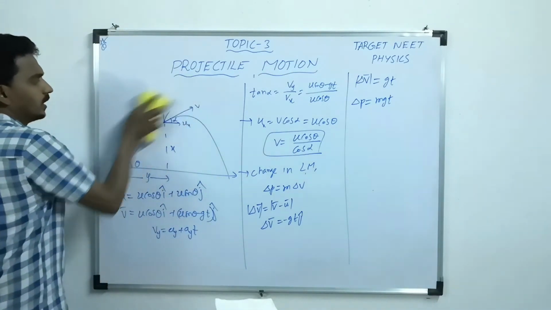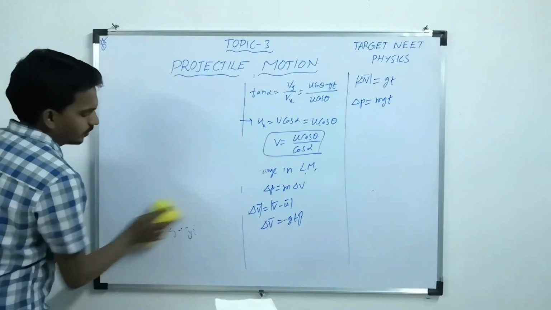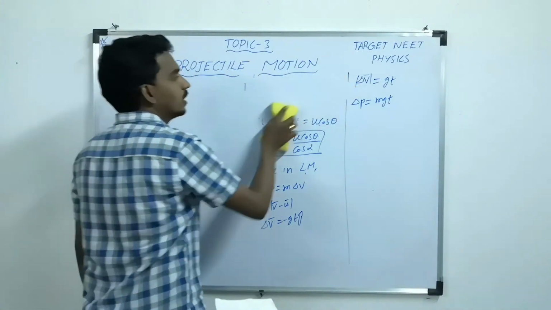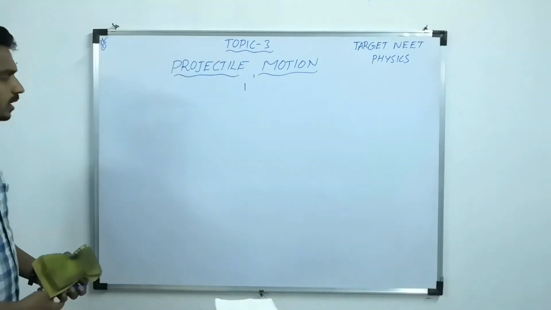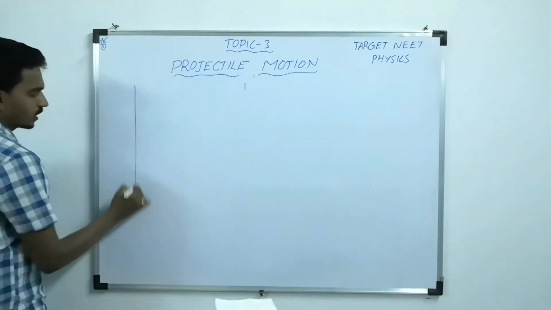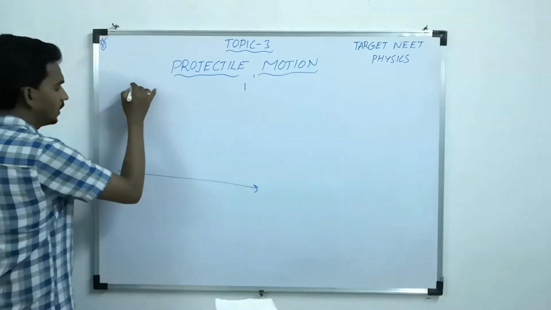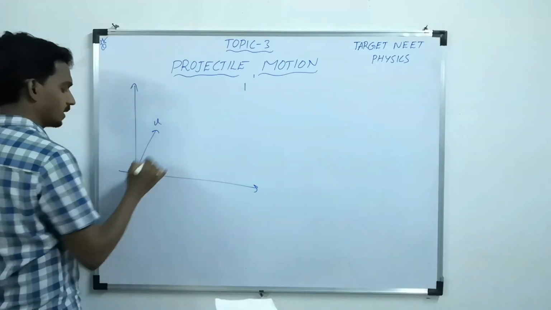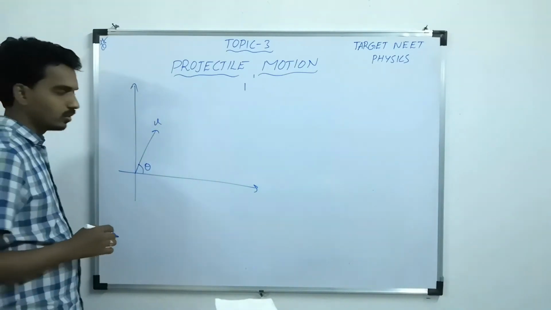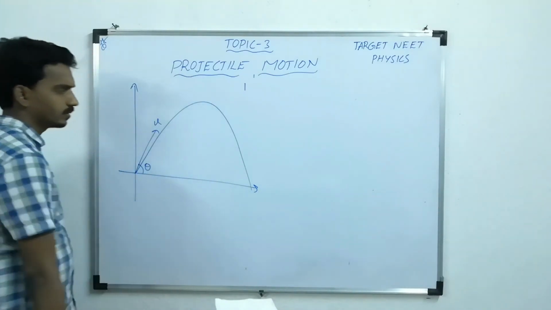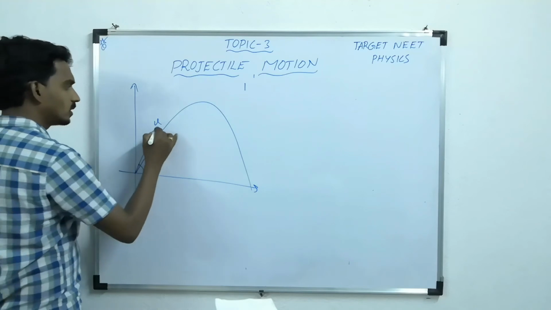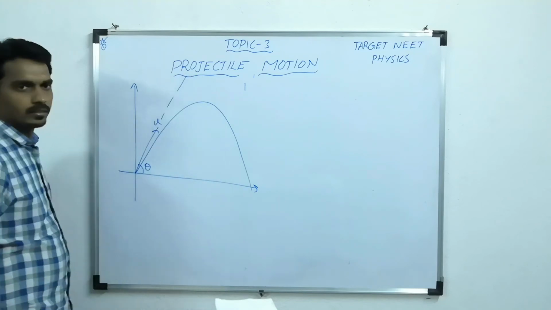Let me tell you one more thing, which is a bit logical and a bit difficult. Consider the same case of projectile motion. You have thrown an object with an initial speed u at an angle theta. This is the initial velocity direction.